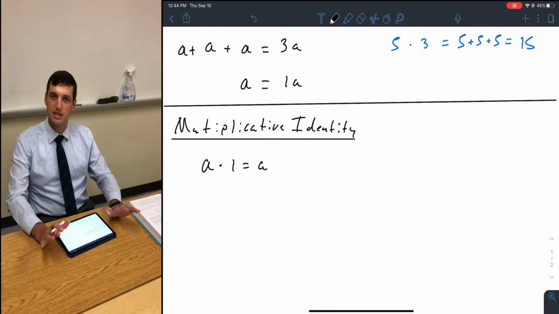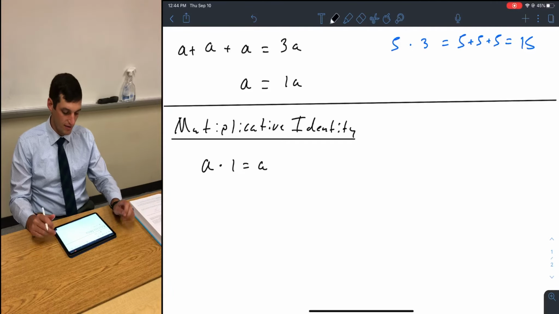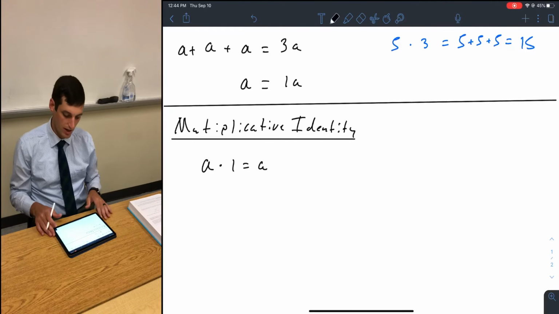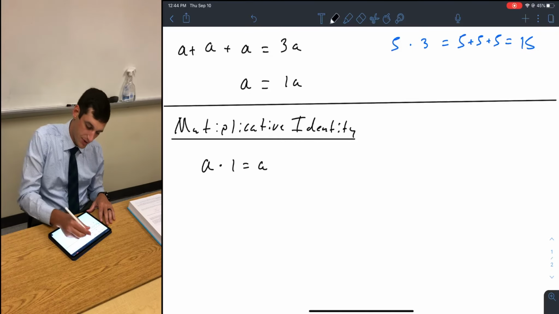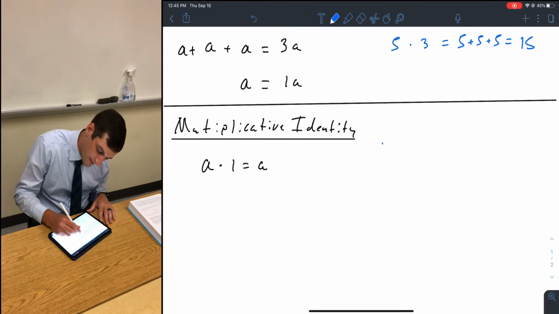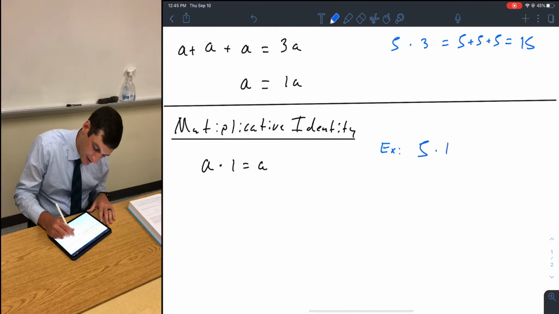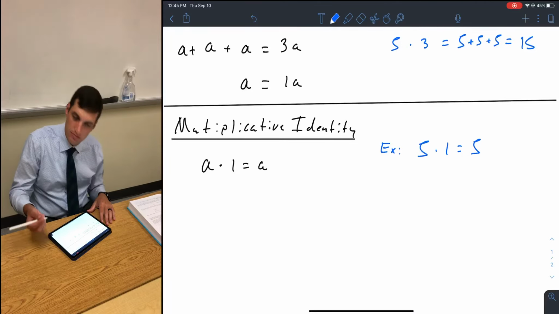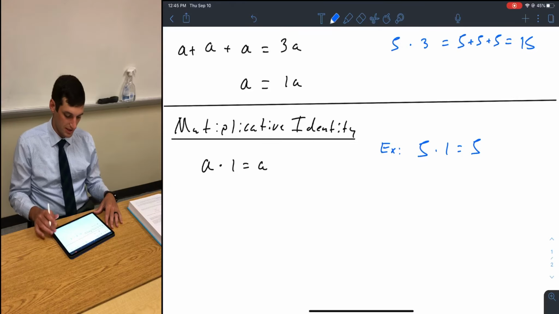So let's just leave it there. We're going to have the multiplicative identity, A times 1 is equal to A. Here's a few examples over here on the side. We'll go back to 5. 5 times 1 is equal to 5. So there's an example.